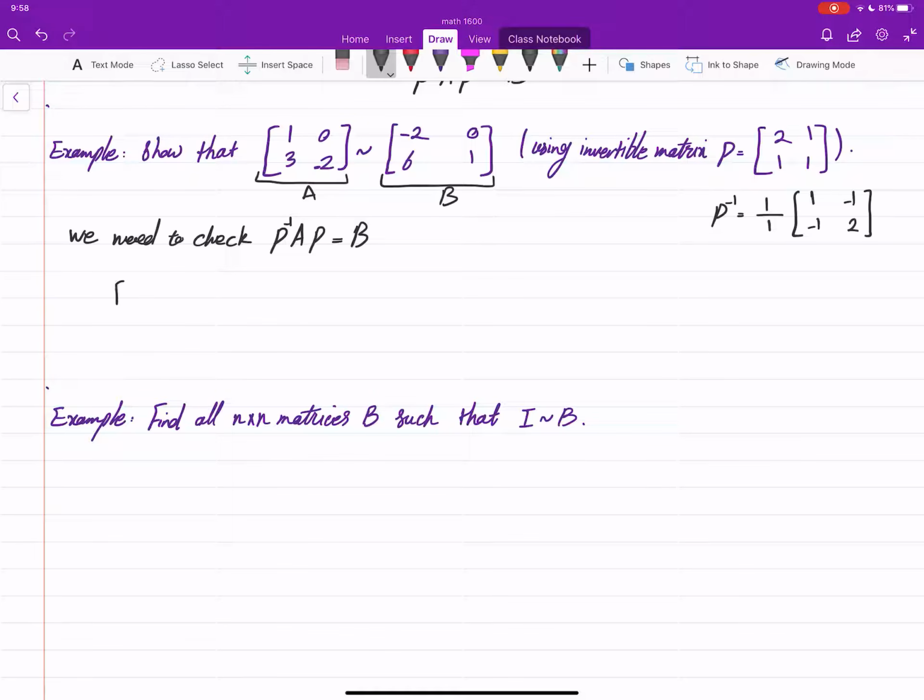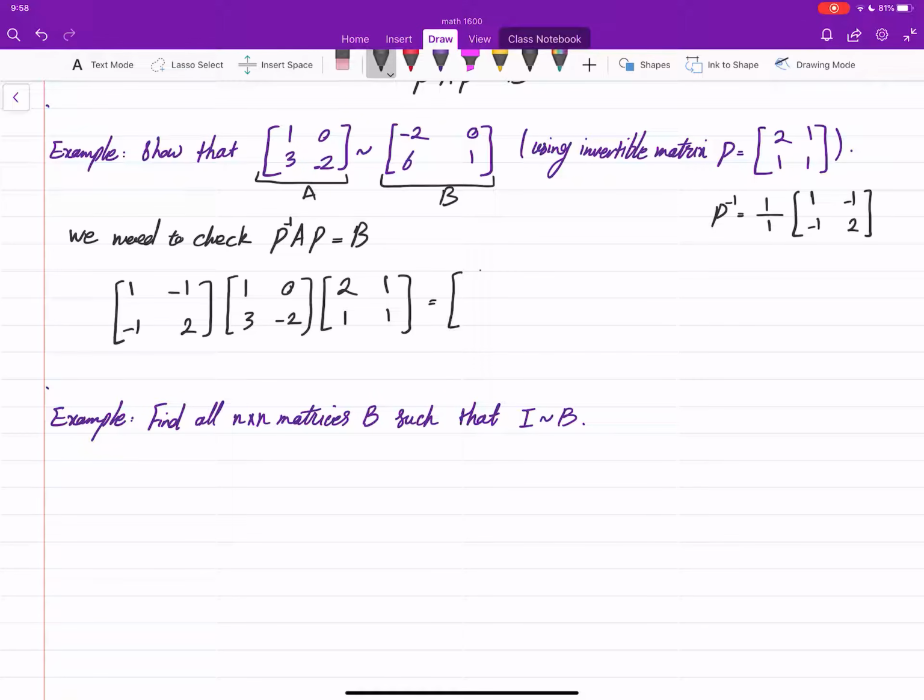So now I multiply P inverse, which is 1, -1, -1, 2, from the left, and P from the right, to matrix A. Let's see what we get here.